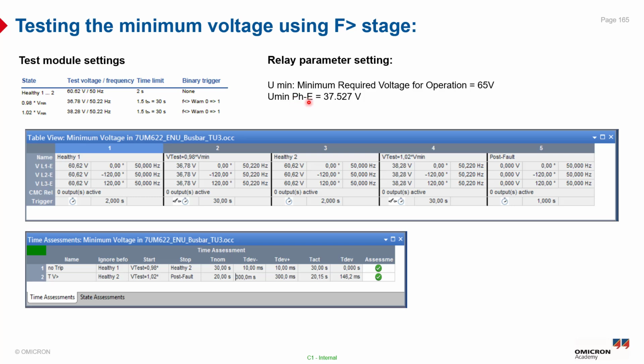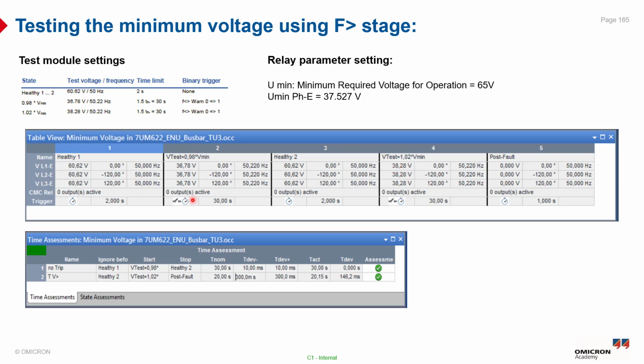In the phase to earth, the value will equal 37.527 volts. In state number 2, the V test is equal to 0.98 multiplied by this V minimum, so equal to 36.78 volts. And in state number 4, we inject 1.02 multiplied by the V minimum, which equals 38.28.